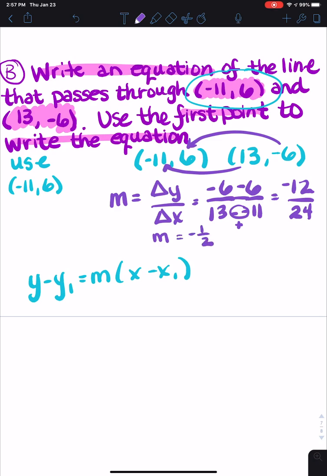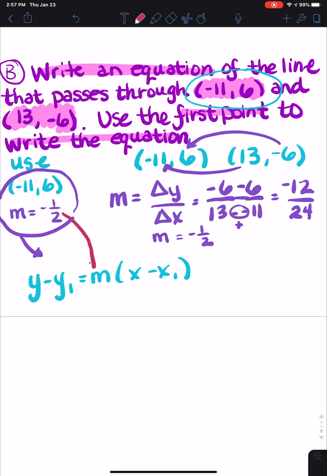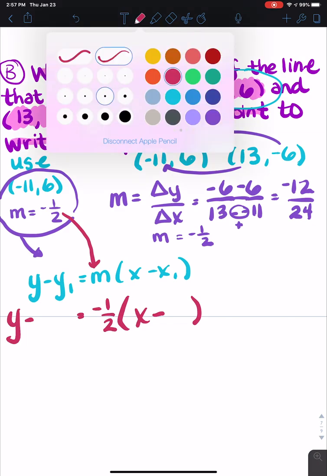So now I'm going to use that slope, and I'm going to use this point and start plugging stuff in. Okay, so my slope is going to go right here. So that's negative 1/2. Bring down my parentheses and my minus, and my y and my minus with my equal.